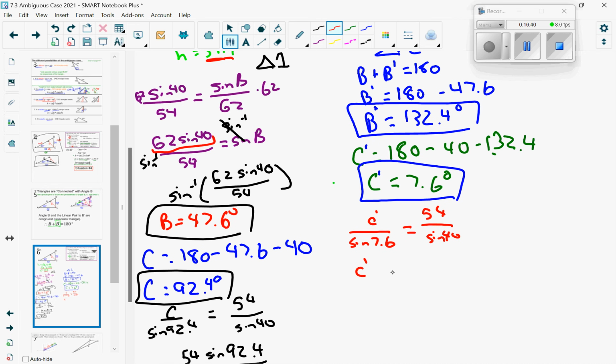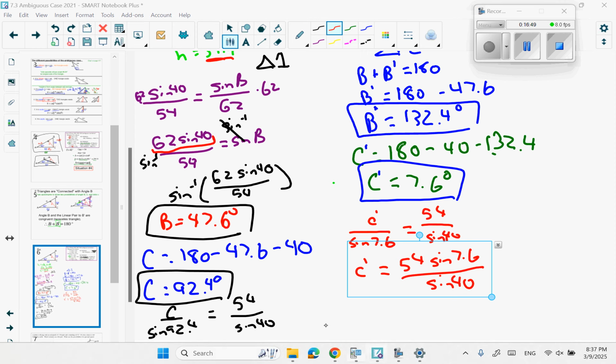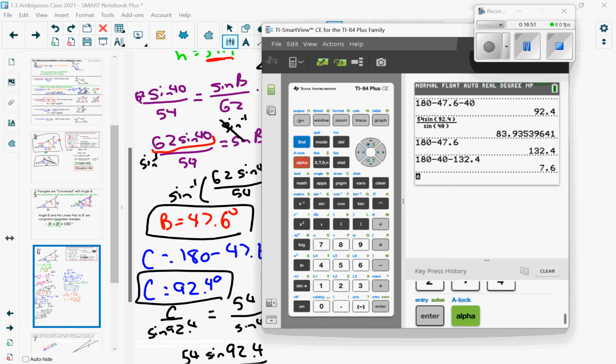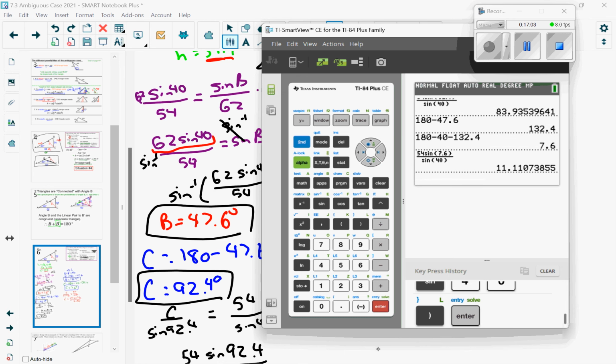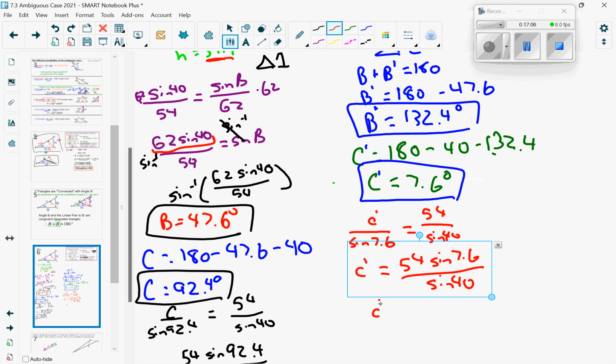So little c prime would equal 54 sine of 7.6 all over sine of 40. So little c would be then 11.1.